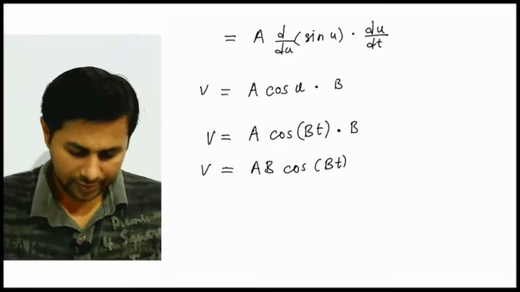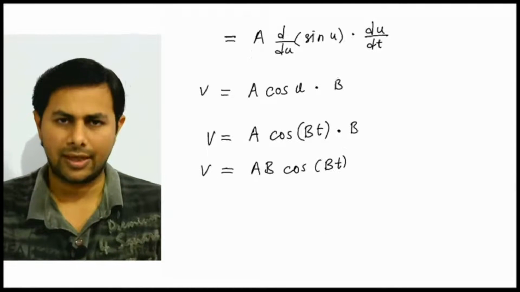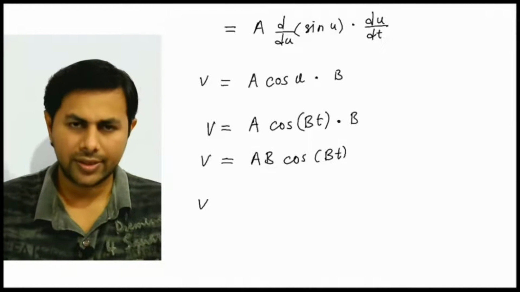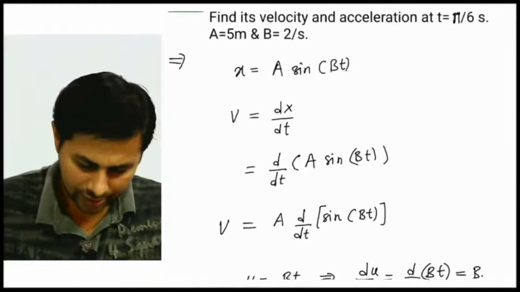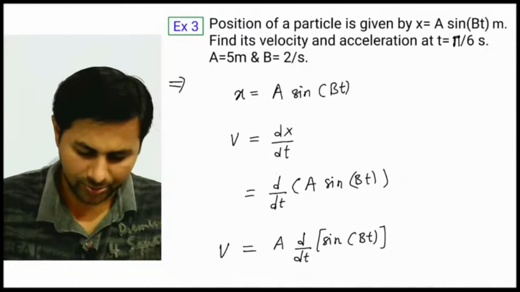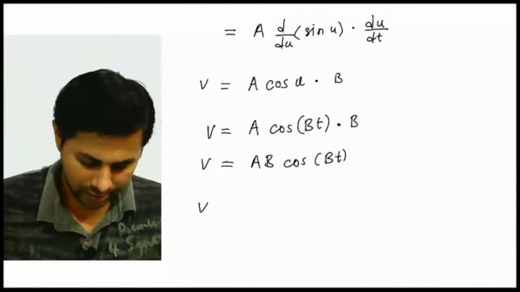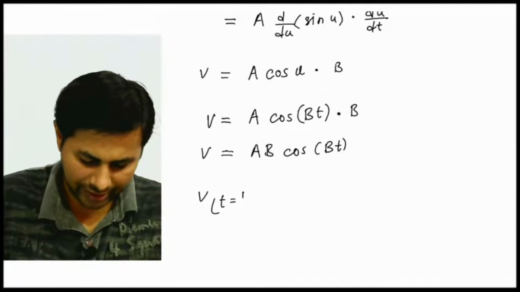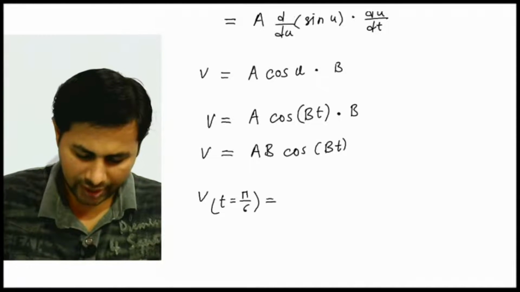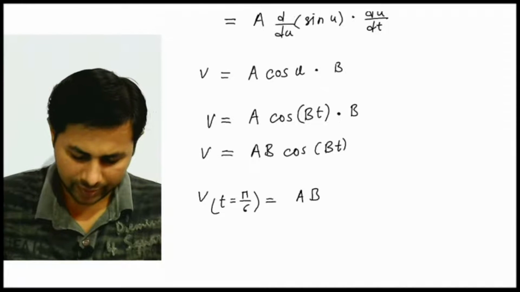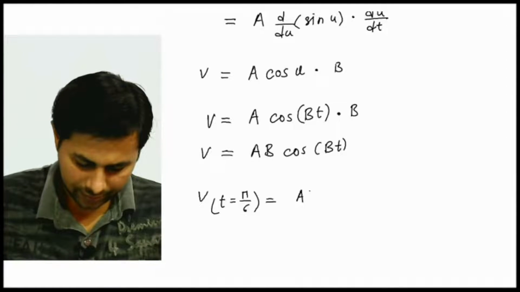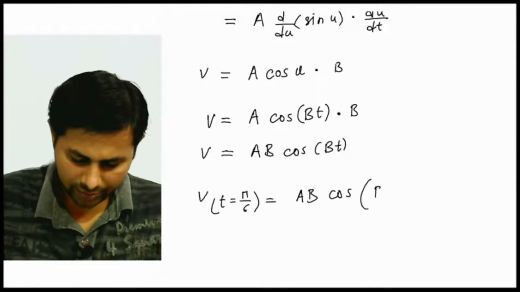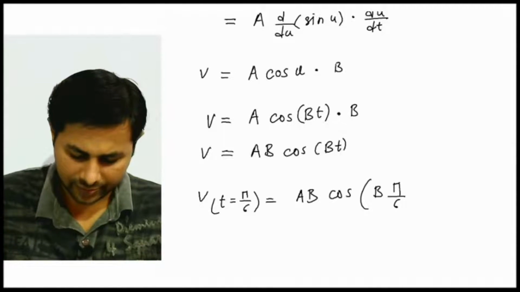Okay, so I got this relation for the velocity. After that, I will substitute the value of time. I wanted to find out velocity at t equals how much? At t equals pi by 6 seconds. So velocity at t equals pi by 6 is equal to ab multiplied by cos of b times pi by 6.